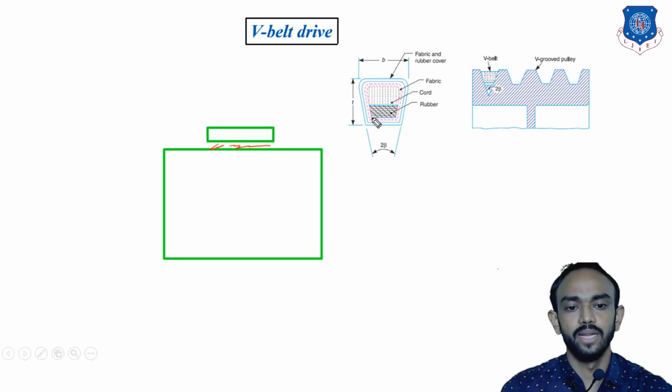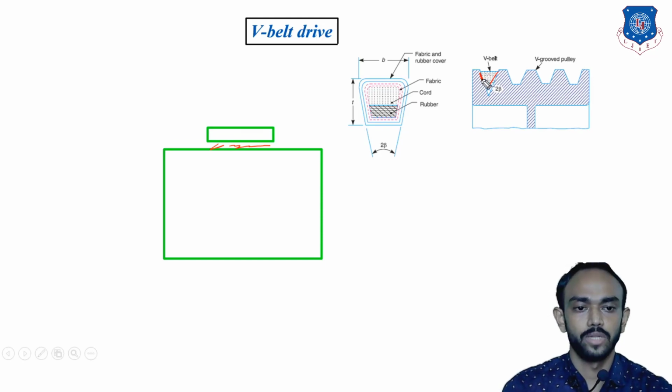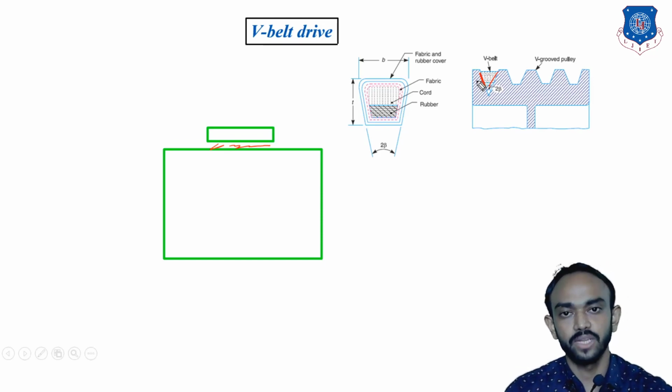So in this V belt a slotted pulley is used, and there are two surfaces where friction acts between the belt and the pulley. That's how we get more friction and very little slip in this V belt drive.